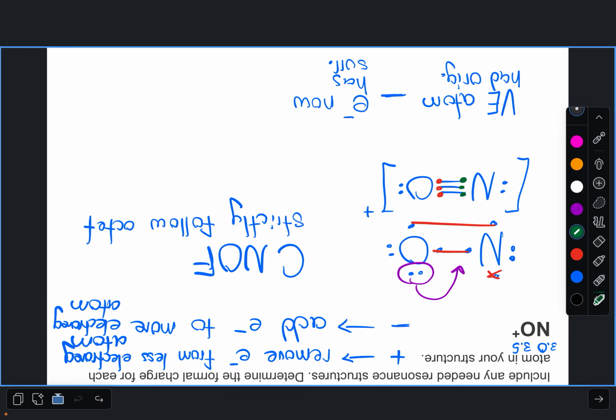Okay, so let's look at nitrogen, because nitrogen actually is 0. It starts with the same number it finishes with. Nitrogen started as 5, because that's what column it's at in the periodic table. And then it still has those 5 electrons. Just highlighting them: 1, 2, 3, 4, 5. So it gets to claim 1 from each bond as its electron.